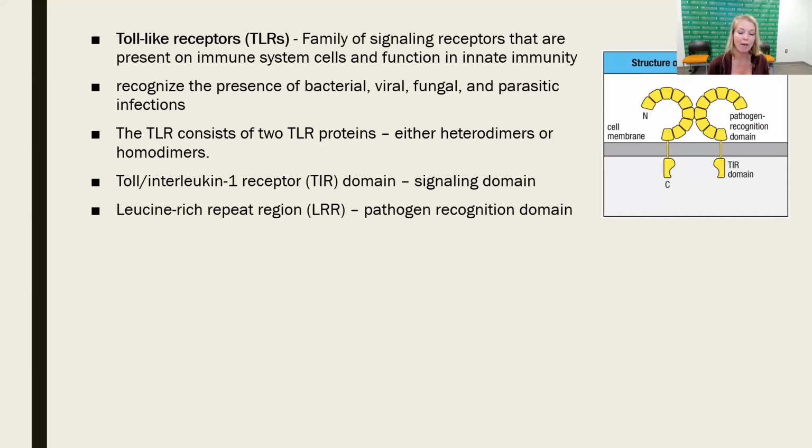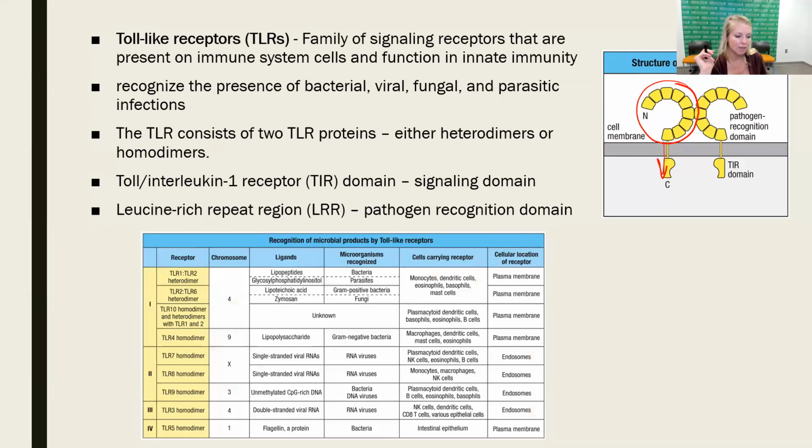And then they're going to have a pathogen recognition domain, one that will recognize the pattern. So that's going to actually recognize the LPS or the DNA. And then we have this transmembrane portion that not only will serve to embed it into the membrane, but then to send signals down through into the cytoplasm of the cell so that signaling can occur.